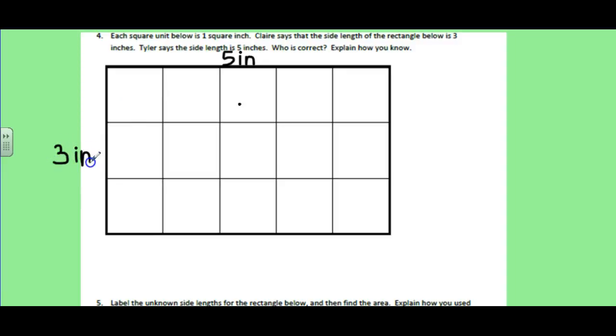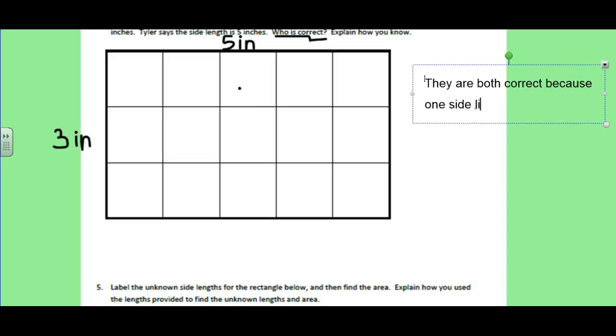So looking back up at the problem, Claire said that the side length is 3 inches, and Tyler said that the side length is 5 inches. So Claire was right for this side, and Tyler was right for this side. Who is correct, and explain how you know?